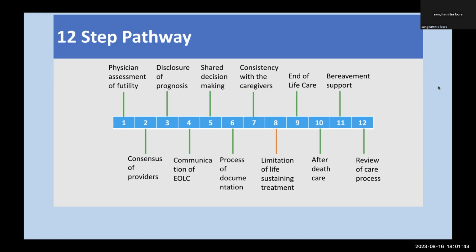Going on to the fourth step, this is the communication of end-of-life care. When we talk about communicating the initiation of end-of-life care, we mean what are the treatments that need to be stopped from here, and what new steps are going to be involved. Okay, so that is how we communicate end-of-life care.